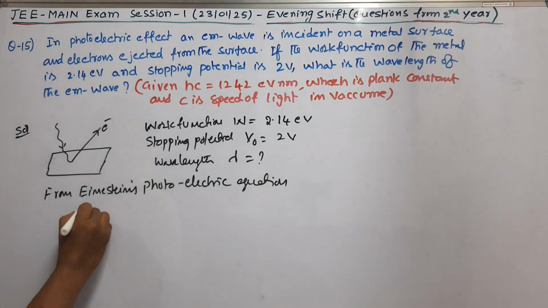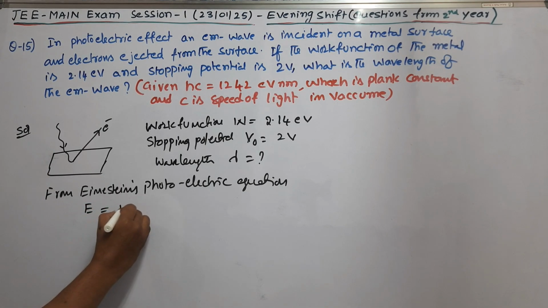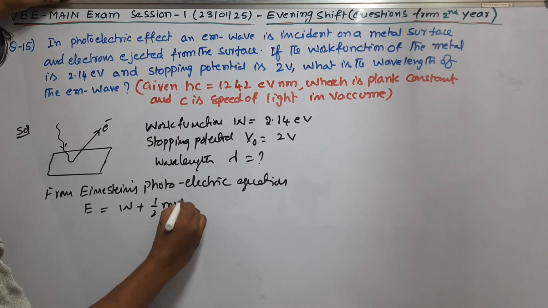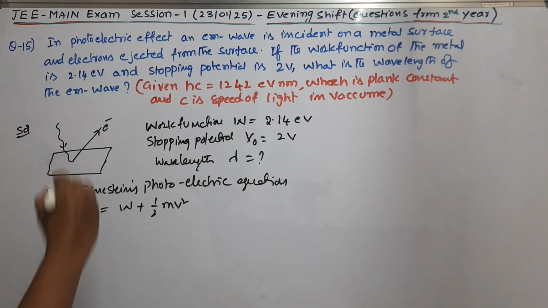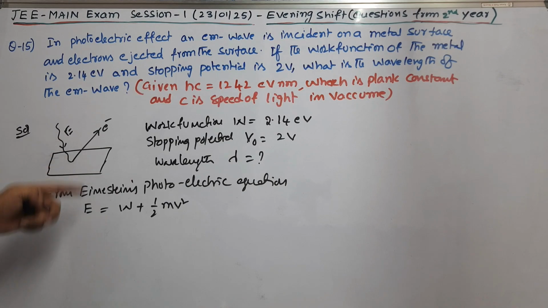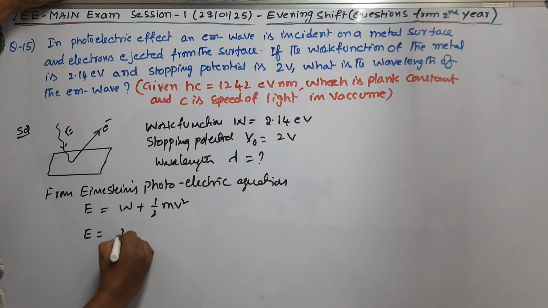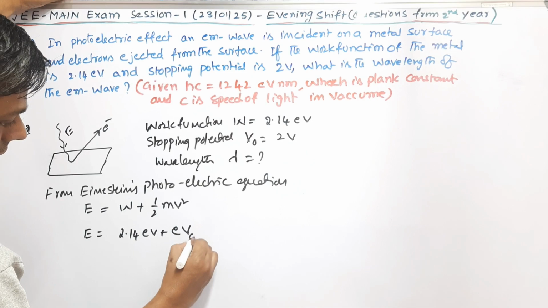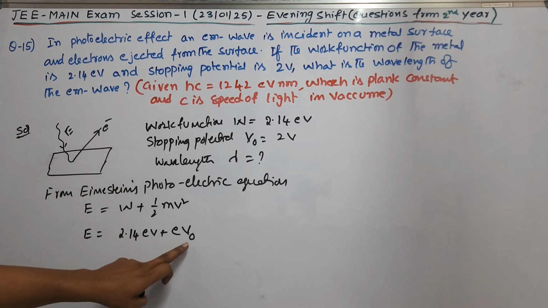The energy of an incident photon is equal to the work done, that is called the work function, and the remaining is converted into kinetic energy. So, E, the incident electromagnetic radiation energy, is equal to the work function, 2.14 electron volt, plus half m v squared, which is equal to e into V naught. That means the kinetic energy of an ejected electron is stopped by applying some voltage, called the stopping potential.